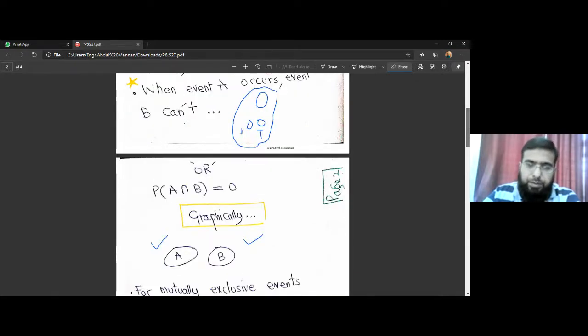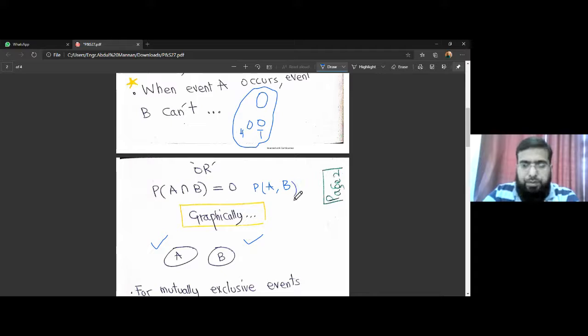So, for mutually exclusive or disjoint events, the probability of A intersection B is 0. This probability is also called joint probability, and we can also write it as P of A comma B, probability of AB.